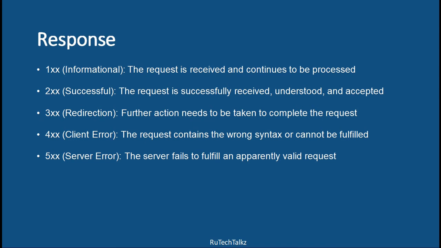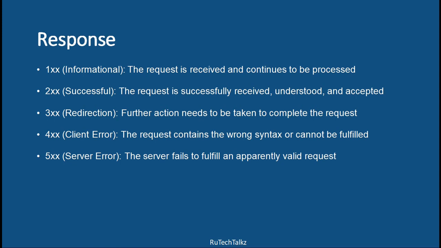The responses having the numbers 100, 101, 102 are the informational responses. It means the request is received and continues to be processed. 200, 201, 203 are the successful responses. It means that the request is successfully received, understood and accepted.